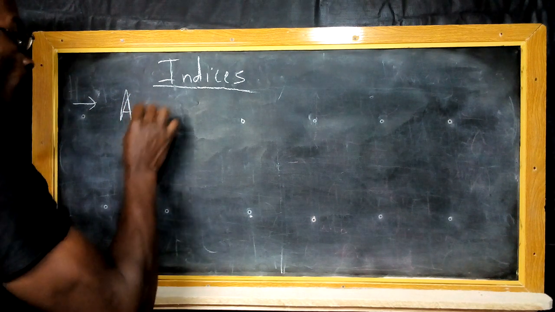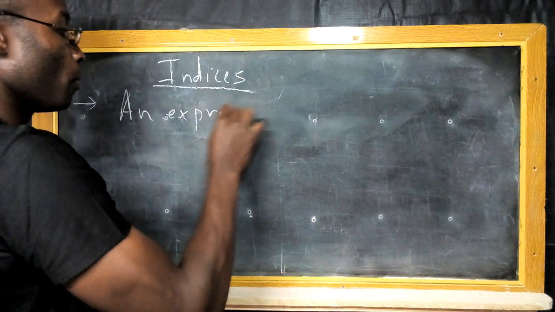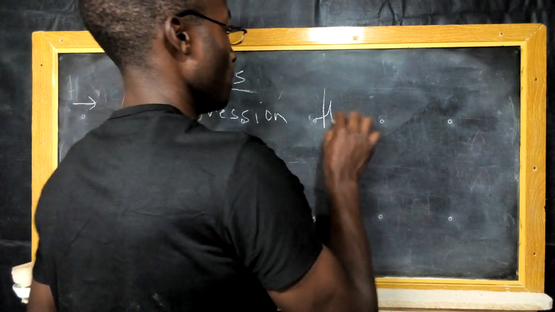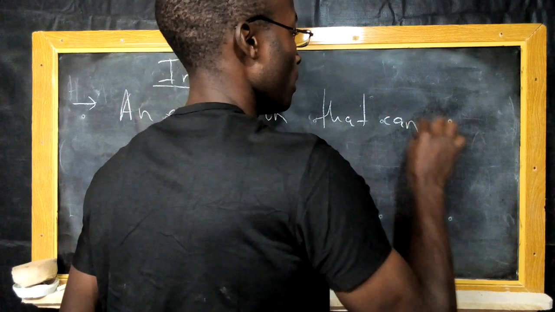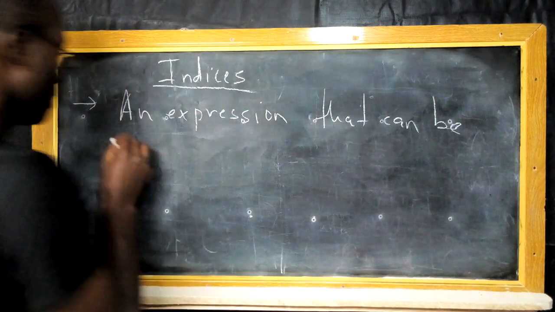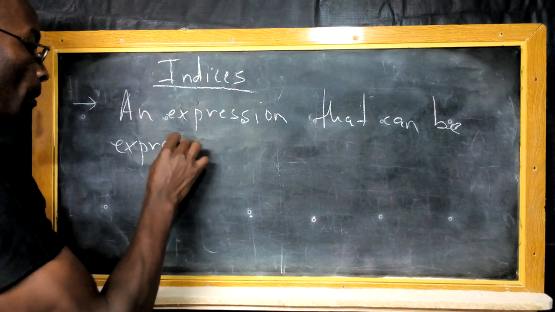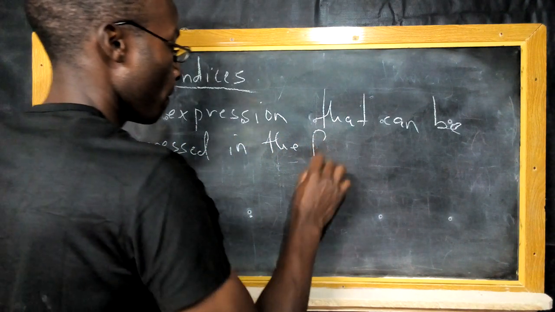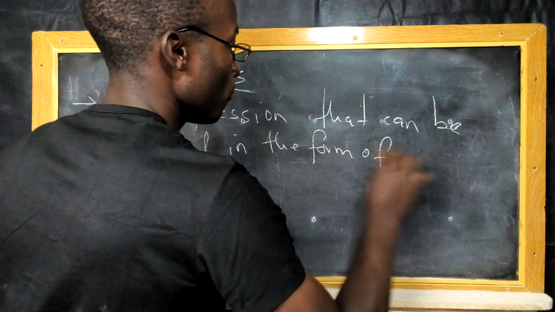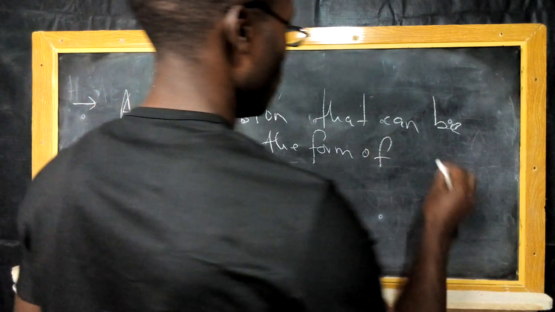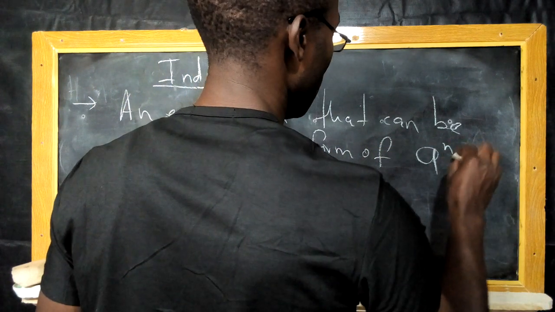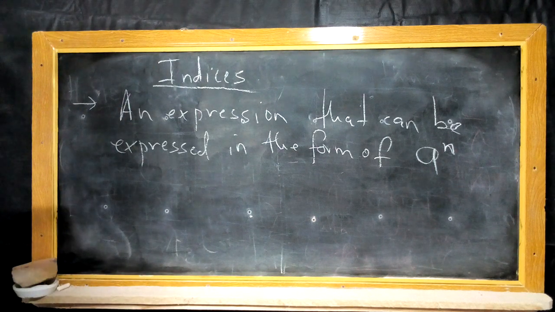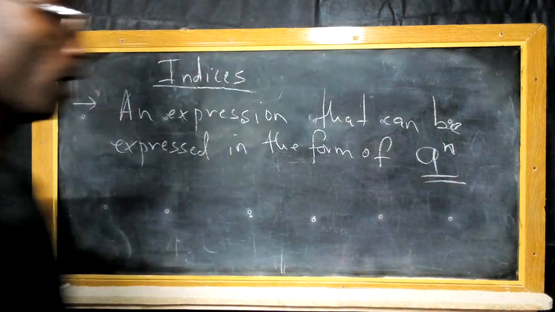a mathematical expression that can be expressed in the form of, so we take an arbitrary number, maybe a, and then there is an exponent there of n.